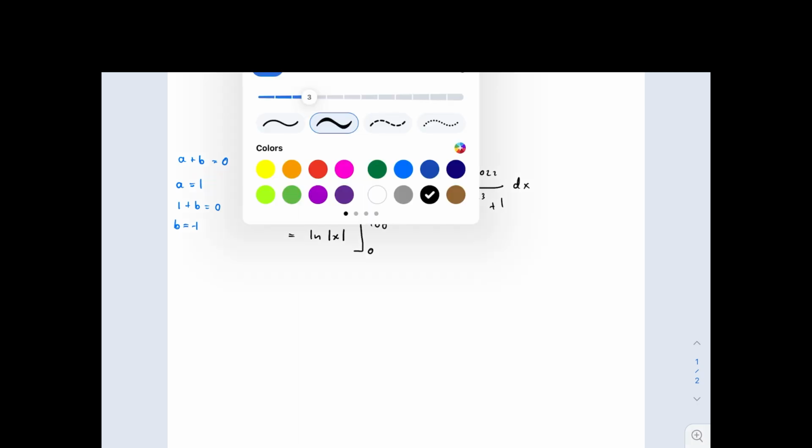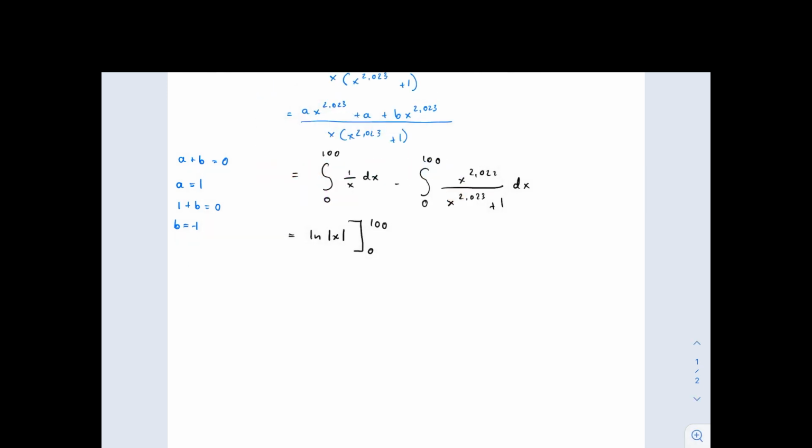For the second integral, we're going to consider u-substitution, and more specifically, we're going to write u is equal to x to the 2023 power plus 1.